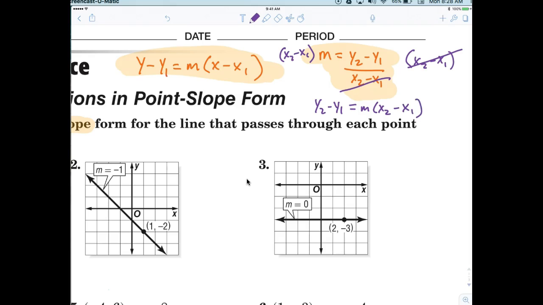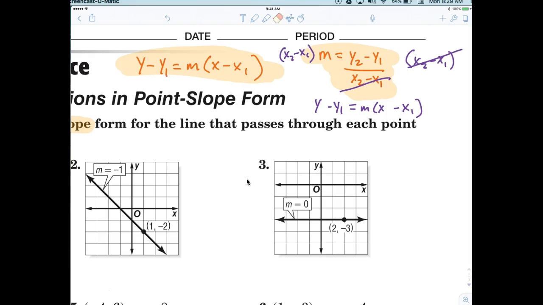The only thing that's different is that we take out the y2 and the x2. The reason we do that is because we're trying to write the equation. We're not trying to find the slope. In other words, we're putting in additional variables.